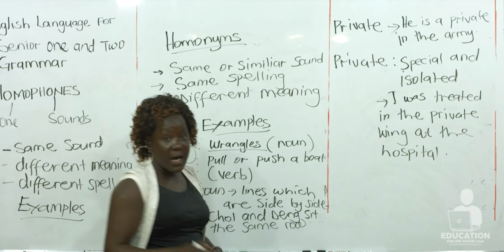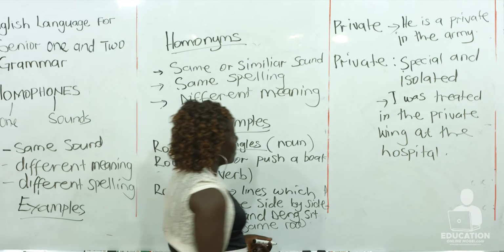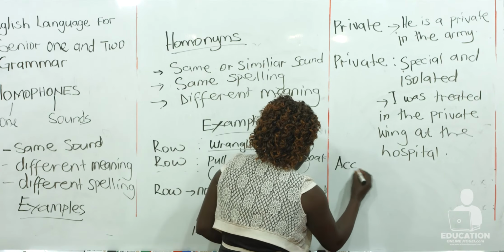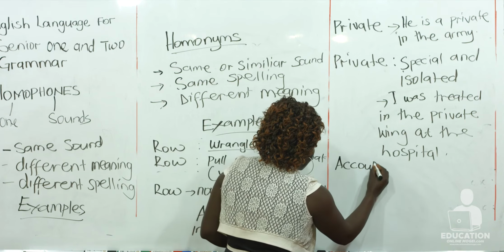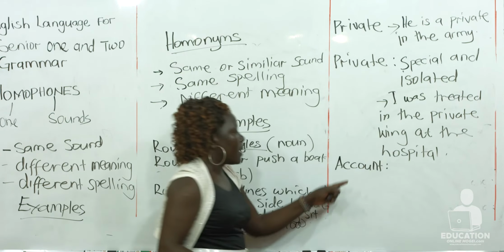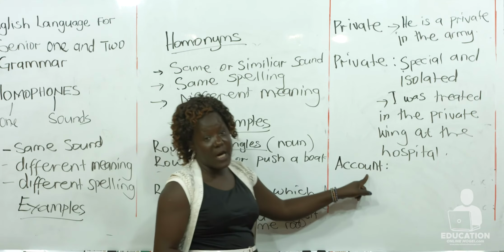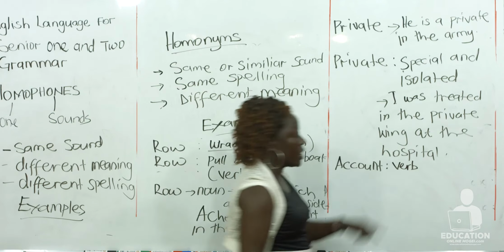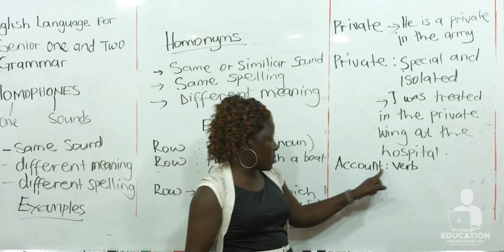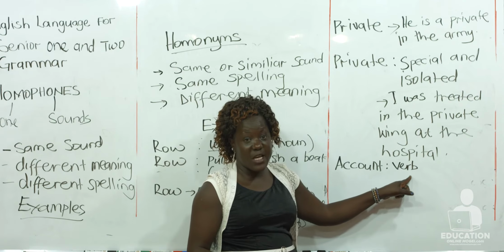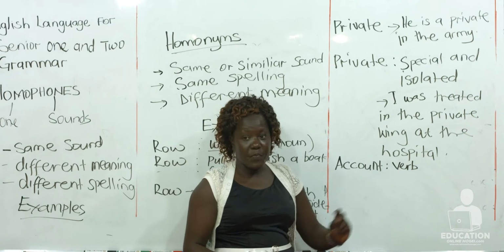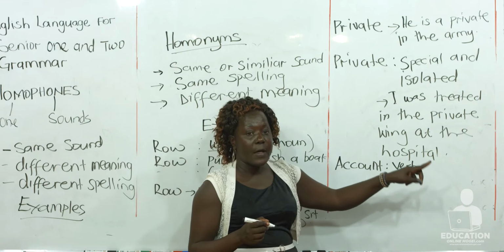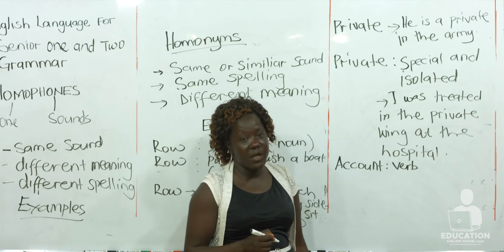Not only that one. Let us look at words like account and account. This one can be a verb. When it is a verb, it means it is action in nature. For instance, teachers of history like saying, account for the Luo migration in East Africa.